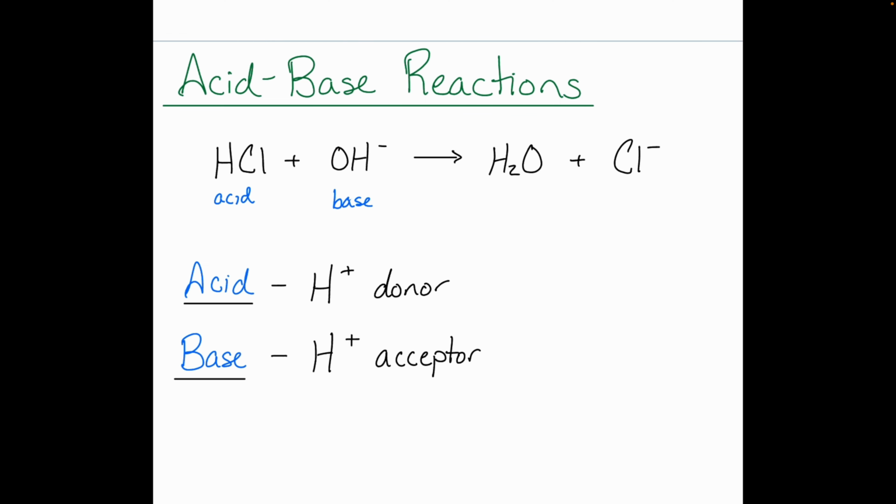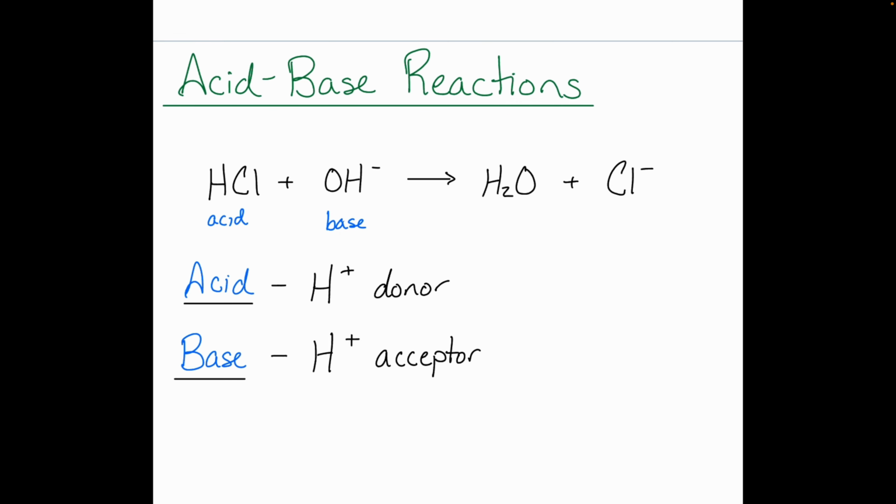All right. We also had some fancy terminology for our products here as well. Our acid, once it donates that proton and becomes the chloride ion, we call that chloride ion its conjugate base. Okay, so an acid is paired with its conjugate base.